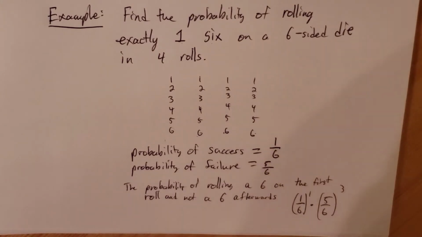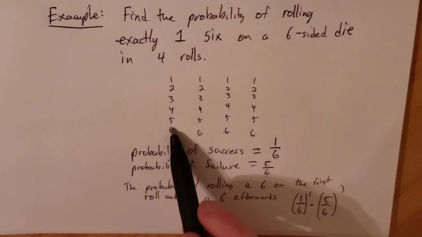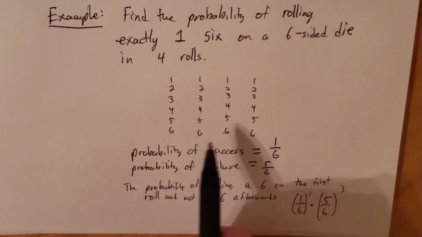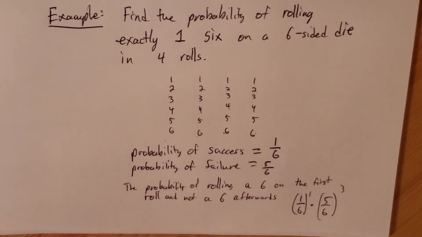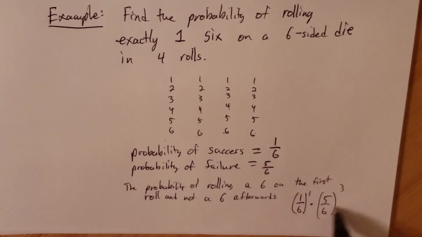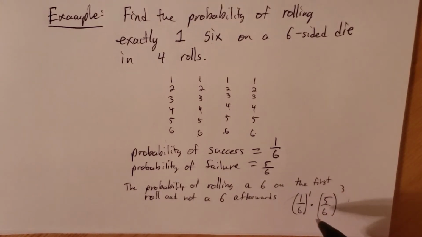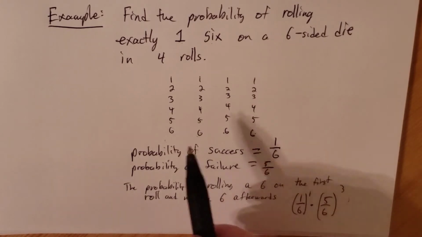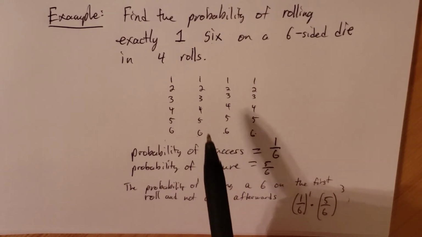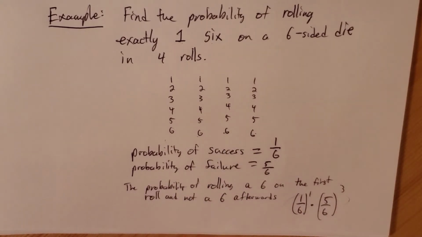And so we know the probability of rolling exactly one 6 when that 6 is on the first roll. But that 6 could have also been on the second roll, or could have been on the third roll, or could have been on the fourth roll. And in fact, the probabilities of each of those individually would have been this probability right here as well. So what we should do is multiply the probability of each one of those events, where we roll exactly one 6, by how many different ways that could have been done.